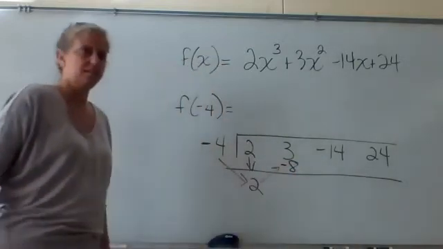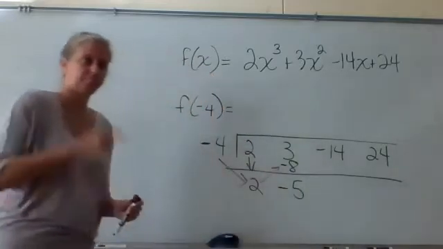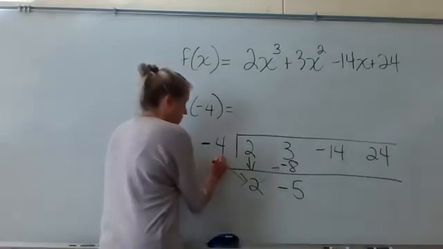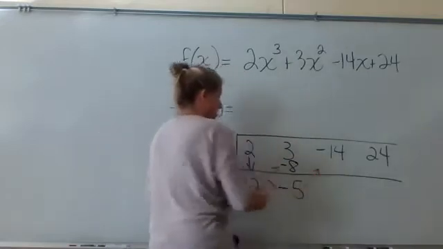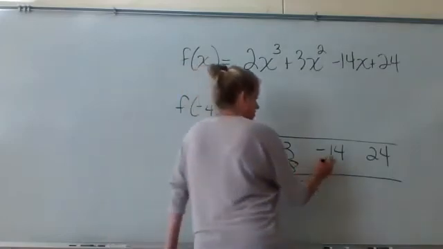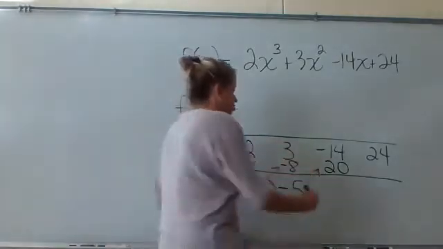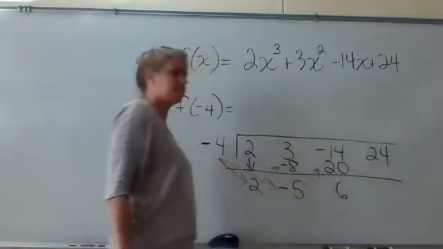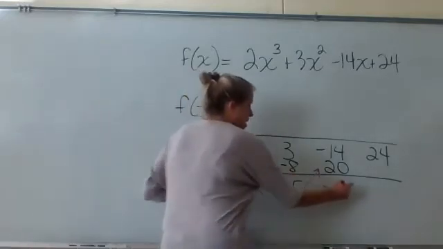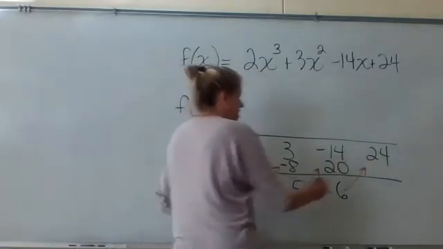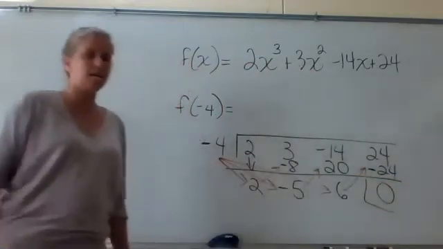If I add this straight down, 3 and -8 is -5. -4 times -5 gives me +20. -14 and 20 gives me 6. -4 times +6 is -24, which means the function value is 0.